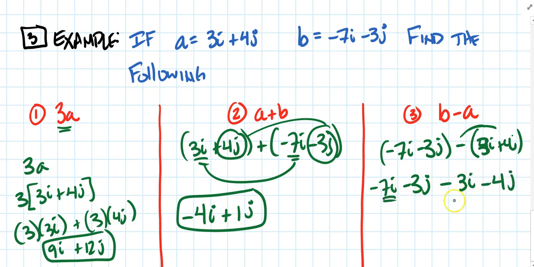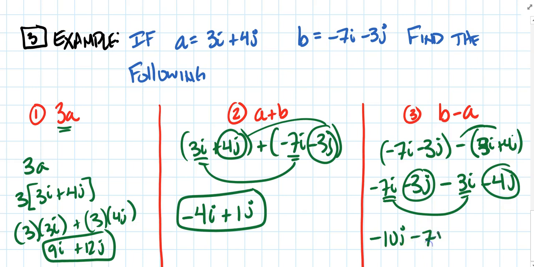And I would just add the like components. So negative 7 and a negative 3 is a negative 10i. And then a negative 3j and a negative 4j is a negative 7j. So I would list their components just like that. And if I had to graph these 2 things, well, I could easily graph them too, just by moving the vectors around from tip to tail.